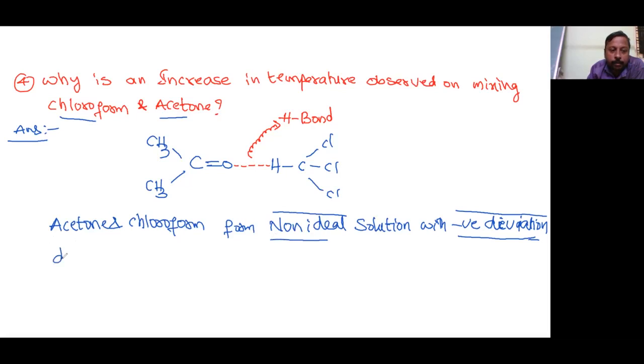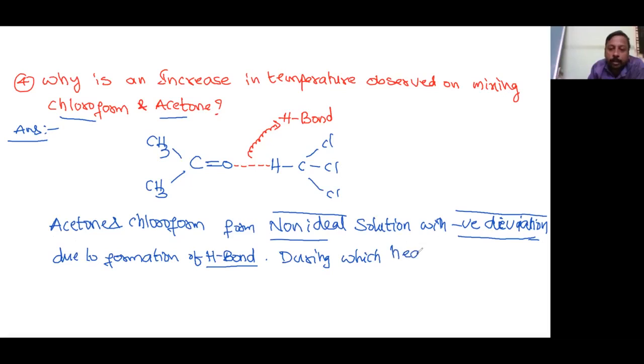Then you can add this: due to formation of hydrogen bond. I am not saying hydrogen bond is not the correct answer, it is inappropriate on its own. During which heat is released.